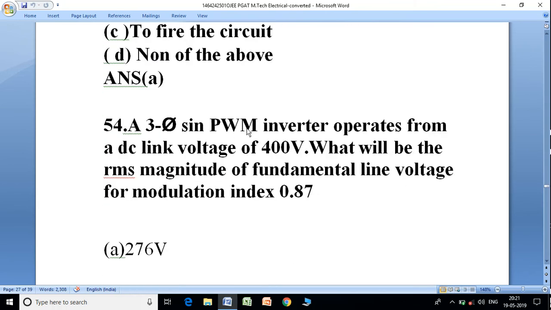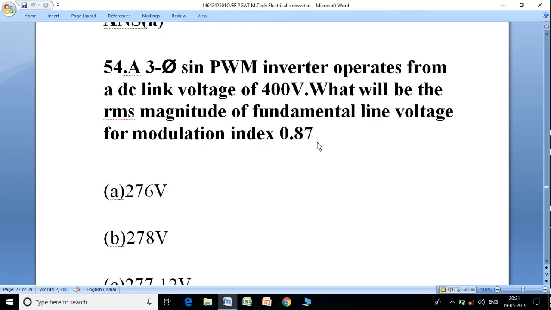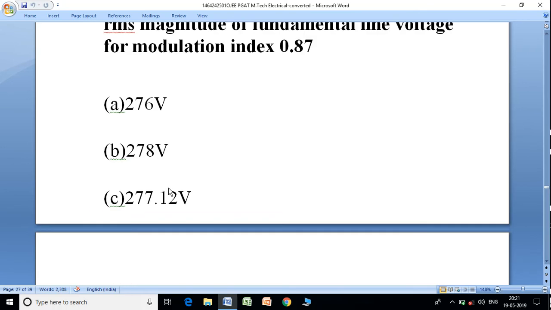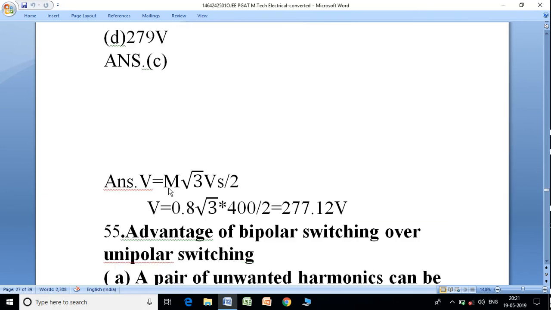A three-phase sine PWM inverter operates from a DC link voltage of 400 volt. What will be the RMS magnitude of fundamental line voltage for modulation index 0.87? So let us see the answer. This is very simple.